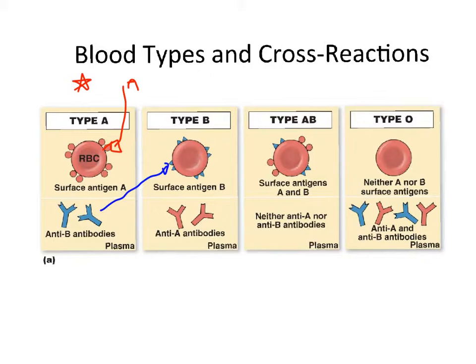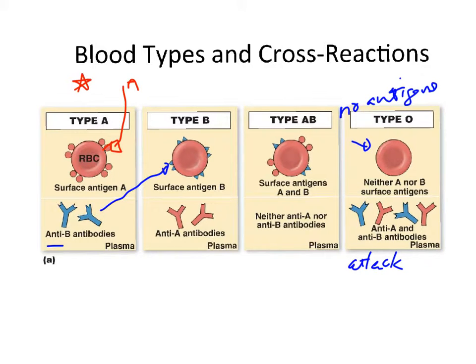The thing that's neat is over here, type O. Type O, as you can see, has no antigens. So no little identifying flags, which means you can give type O to anybody because your body can't attack them. They can't see that there are any little antigens there. But the consequence of being type O is you attack all other blood types.